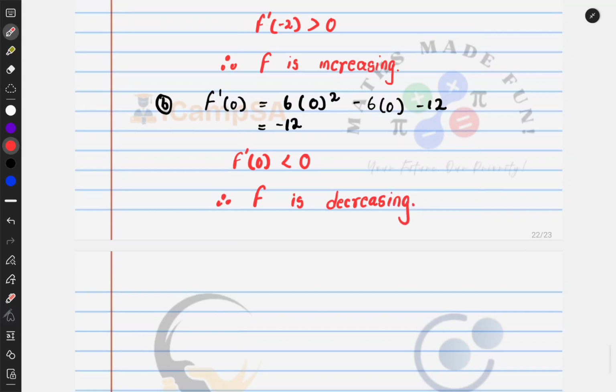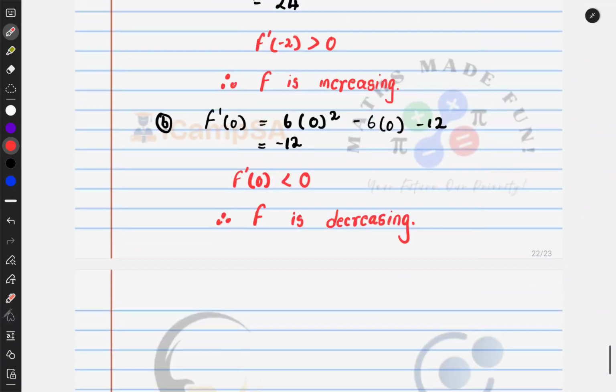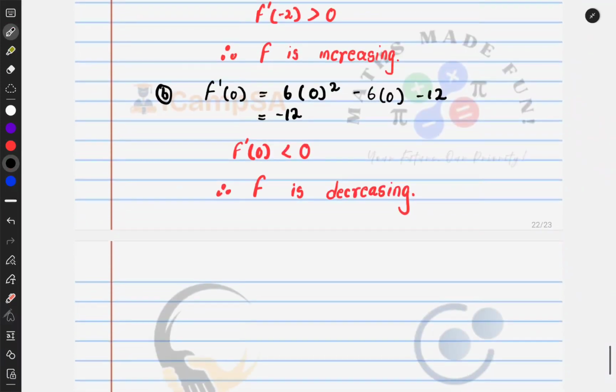And then the next x value is -1. So for C, f prime at -1 is equal to 6 times -1 squared minus 6 times -1 minus 12. -1 squared is 1, so 6 plus 6 is 12, minus 12. This would be 0 actually.